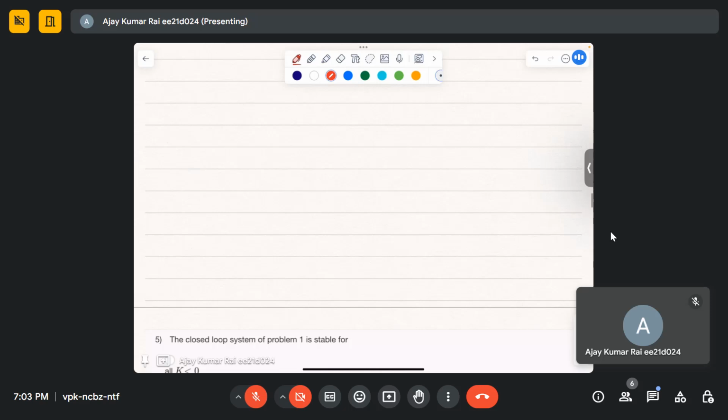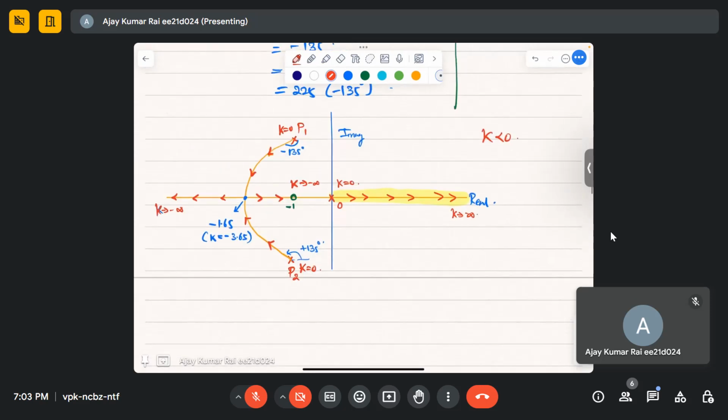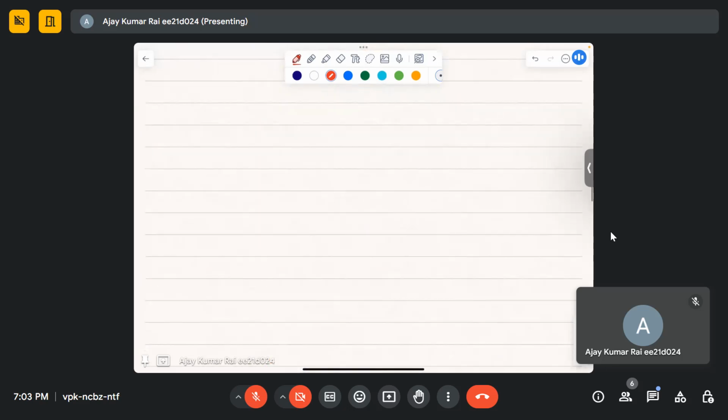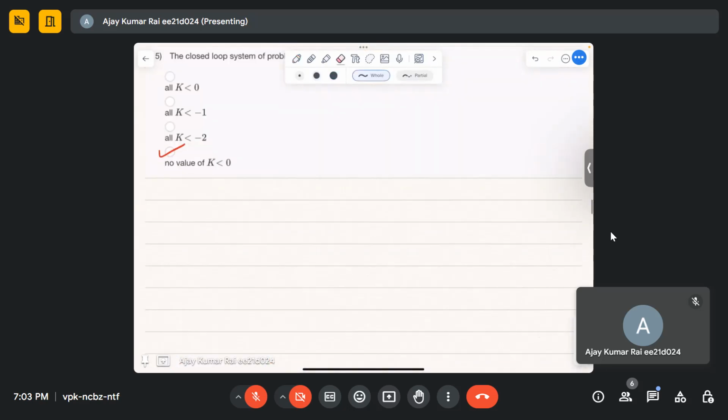So how to prove it? We just take the characteristic equation. So what was the characteristic equation? Let's prove that.